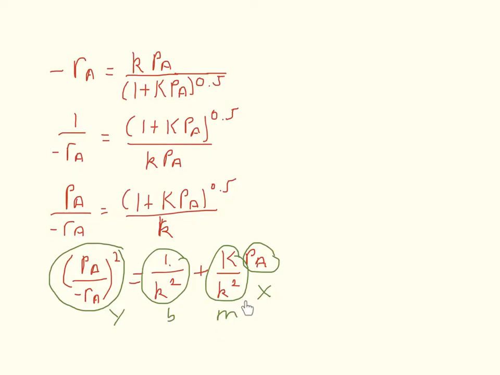Likewise, you can't have one of your measured variables in the slope or the intercept because they're changing, and the slope and the intercept can't change. So what we want to do is plot the left-hand side, which I've marked y, on the y-axis, and the partial pressure on the x-axis. That should give us a straight line.